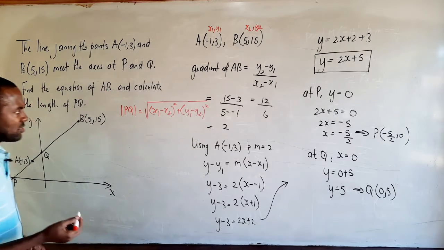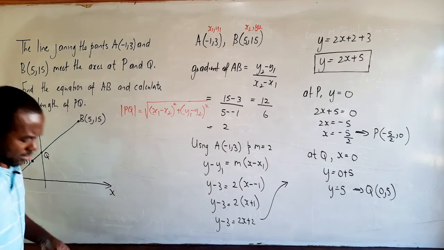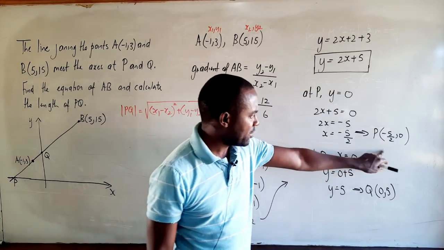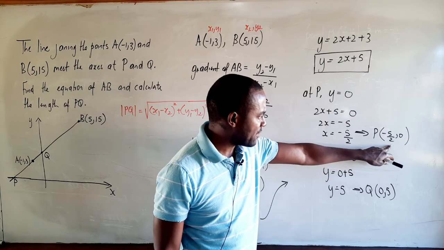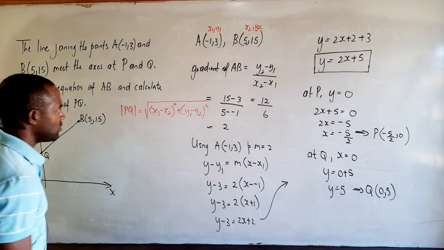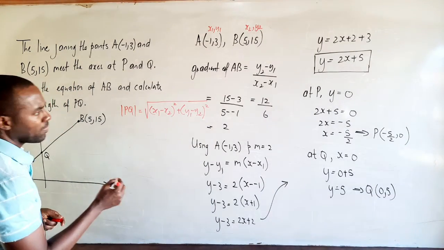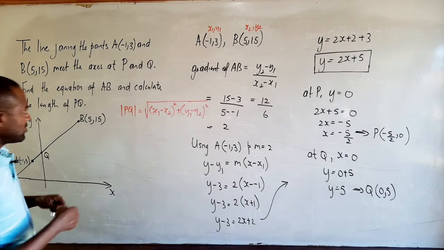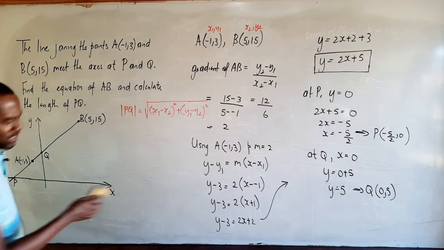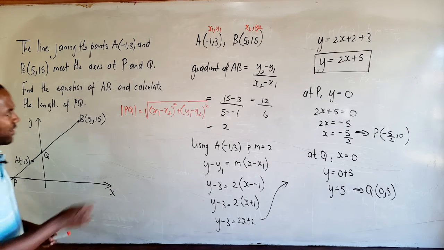In this particular case, each of those points has only one non-zero coordinate. P has non-zero coordinate minus 5 over 2, and Q has non-zero coordinate 5. Since I'm no longer in need of the diagram, I will just erase this.